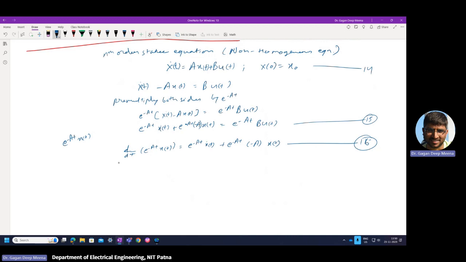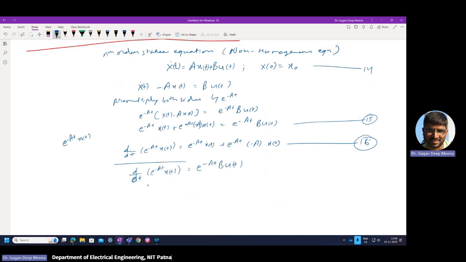So by combining 15 and 16, I can write a new equation here, that is d by dt of e to the power minus at x of t equal to e to the power minus at b u of t. Okay.